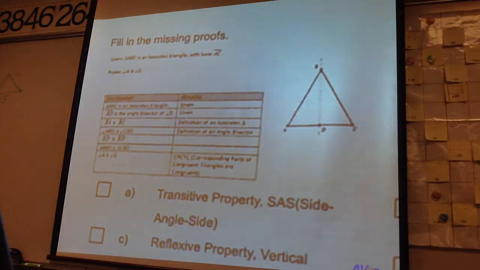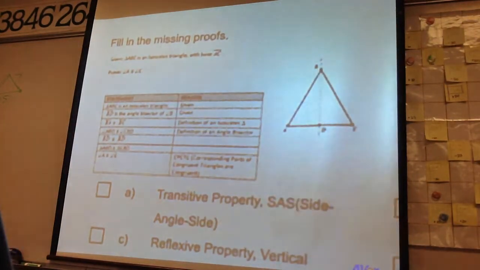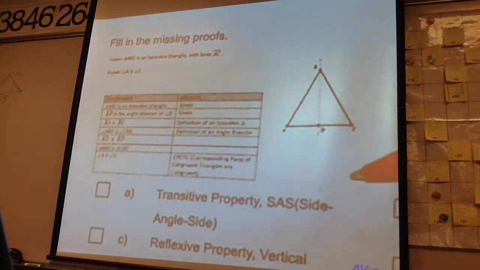On a lot of these, it'll say prove these angles are equal, or prove these sides are equal. This is an important sentence that I'm about to say. On every single one of those, the first thing you do is you prove the triangles are congruent, and then you say, if the triangles are congruent, then these sides have to be the same.